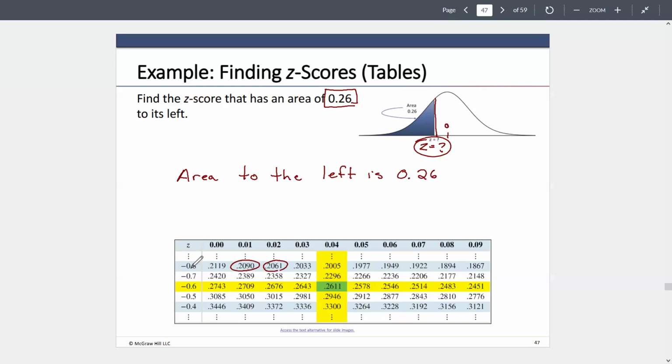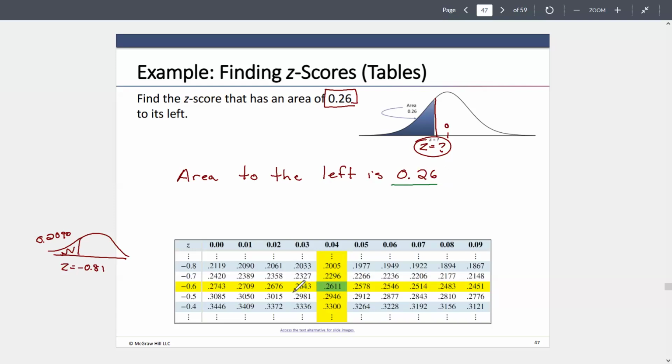So this is the area if, right here, my area was instead 0.2090, like this does, that's telling me the z-score that marks that off is negative 0.81. Our problem is we don't have something that's very exact. The area we're looking for has to be as close as we can get to 0.26, so there's going to be a lot of estimates when using our z-tables.